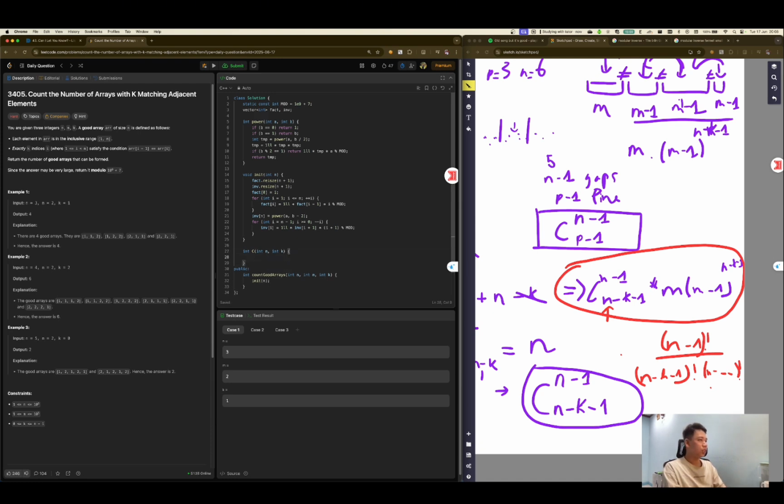It must return something like fact of n multiplied by the inverse of k and the inverse of n minus k, modulo. But if it's less than 0, just return maybe 0.